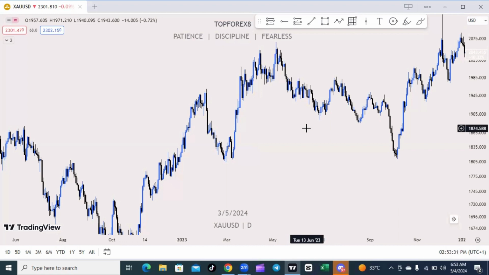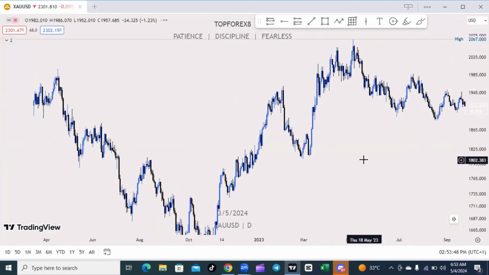You understand me? Breaker block, fair value gap, flip candle, and scalp, which is a single candle order block. All those plays are just there in case the market wants to come back, they start the journey from there again.